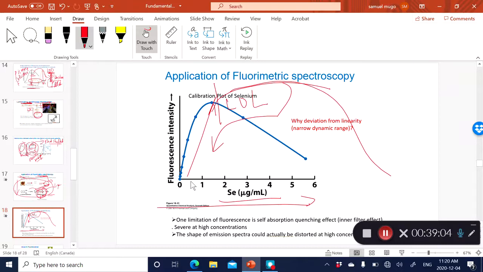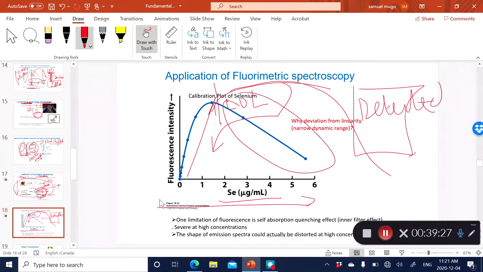Remember, at any given time, you've got most of the atoms or most of the molecules in the ground state. So sometimes the light that is emitted is reabsorbed by the molecules in the ground state instead of being detected. And so that's why you end up getting a decrease, especially at high concentration, because there's a higher probability of having more atoms, or more molecules, in the ground state.